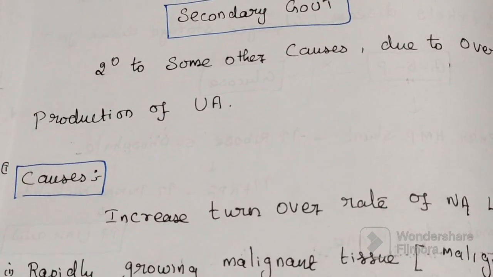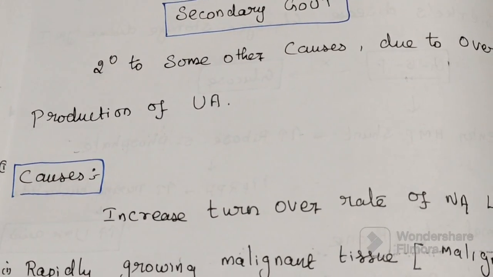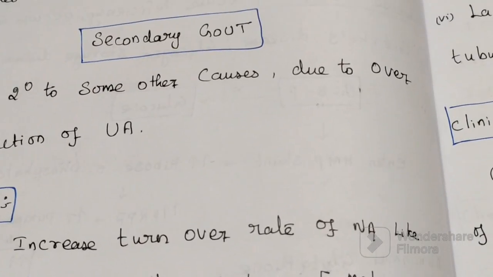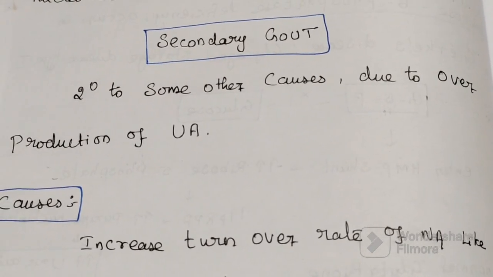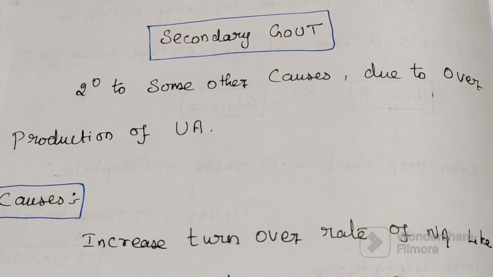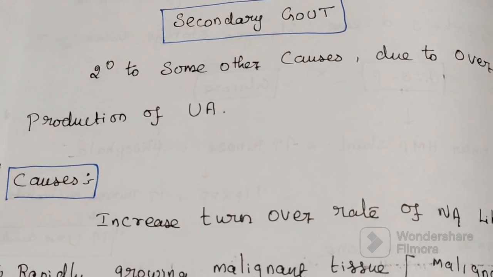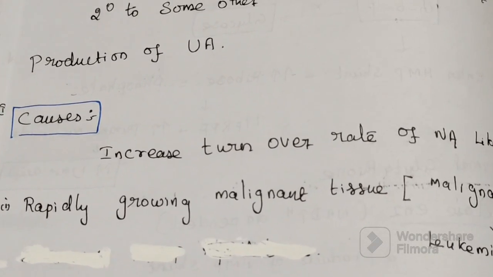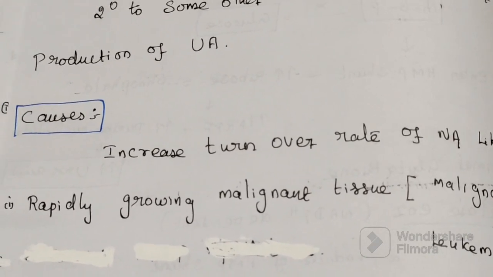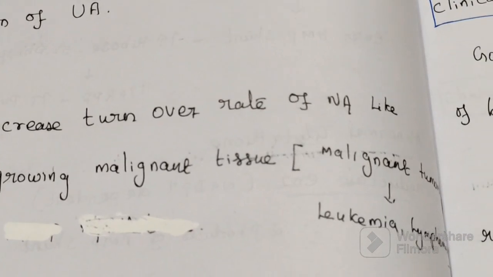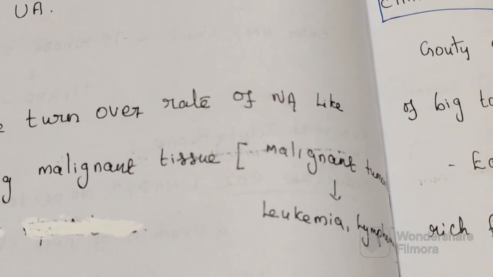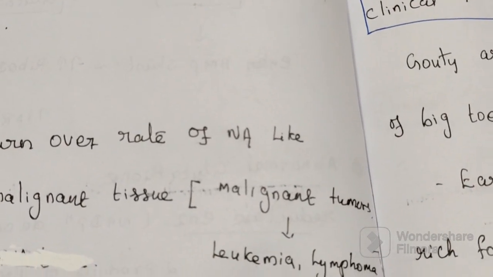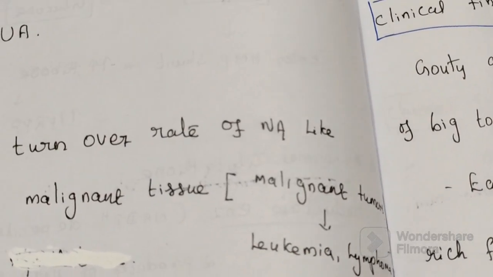There is an increased turnover rate of nucleic acid, like rapidly growing malignant tissue or malignant tumor, that is leukemia and lymphoma.